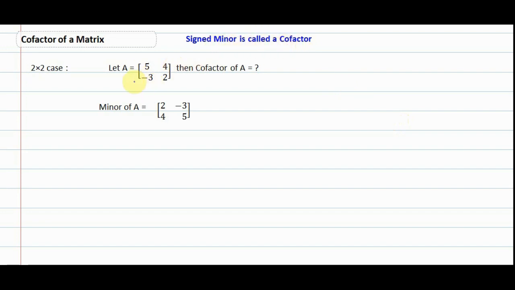So if we have a matrix A equal to 5, 4, minus 3, 2, then the cofactor of A can be calculated by modifying the minor of A in terms of certain signs which have to be assigned to the elements present in the matrix. So here in the minor of A we have 4 elements. We have to assign certain signs to these elements to get their cofactor values.